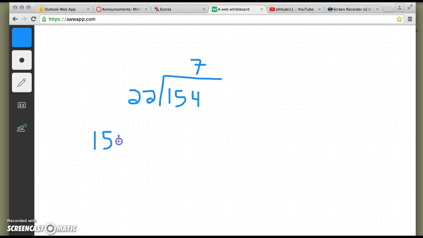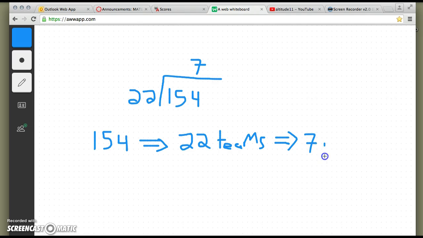So we know that if we have 154 girls, we can put them on 22 teams, and those teams are going to contain 7 players apiece.